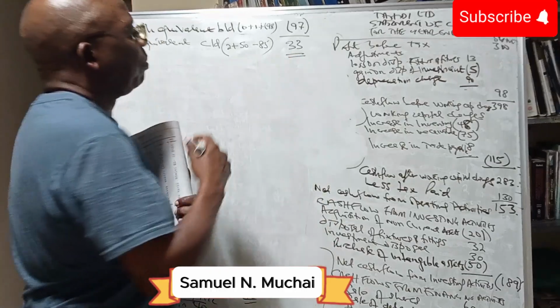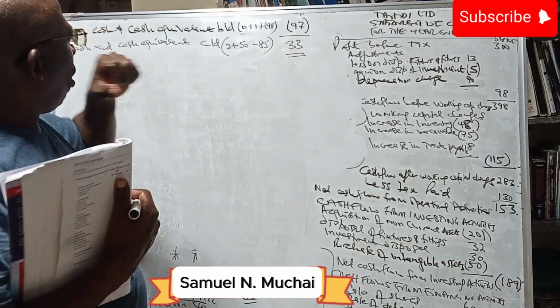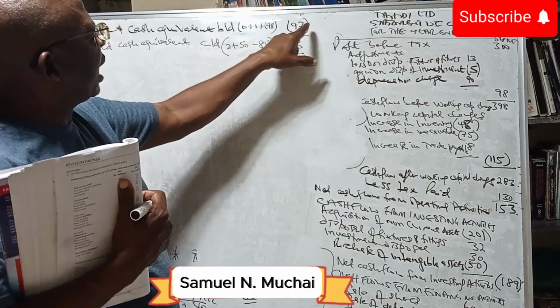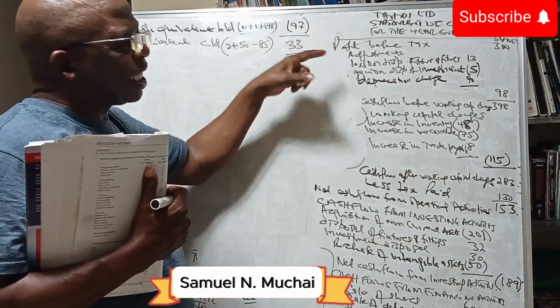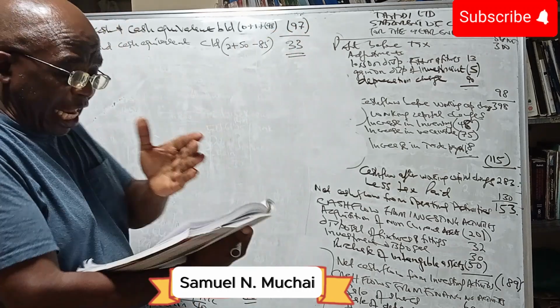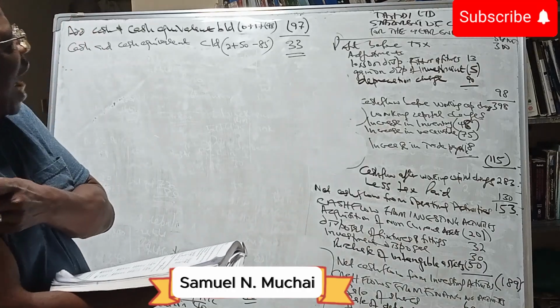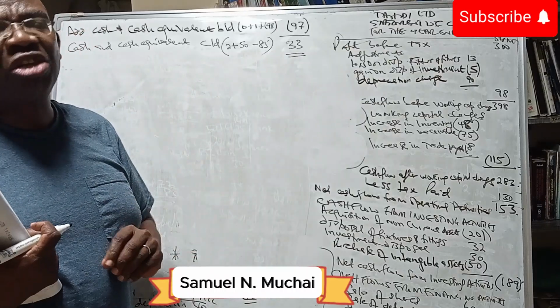Once you add the opening cash and cash equivalent, which is 97, and the figure you are getting is the cash and cash equivalent, again computed from your balance sheet, and you find they are agreeing, then you did your question right.